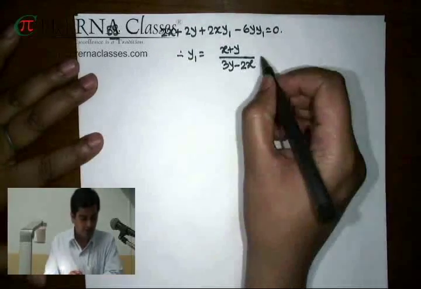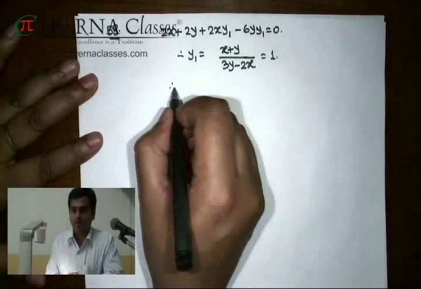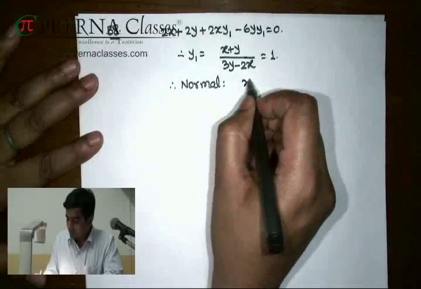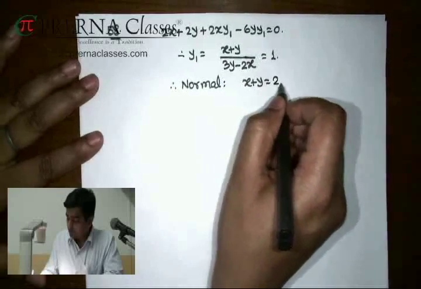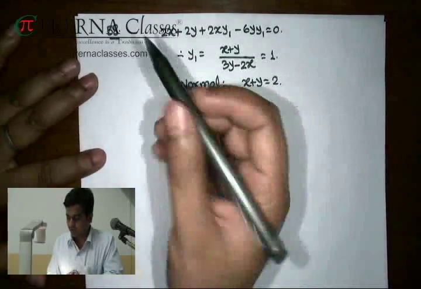Since you have to find the normal at 1, 1, you can check this value of dy by dx turns out to be 1. Obviously then the equation of the normal at such a point is going to be x plus y equal to 2, with slope -1 through 1, 1.